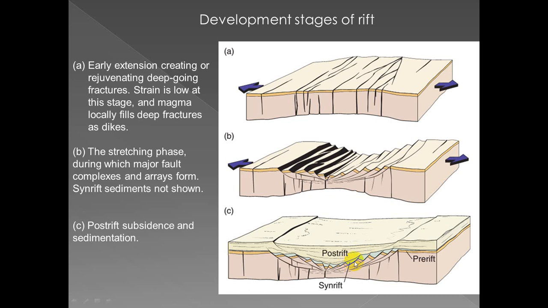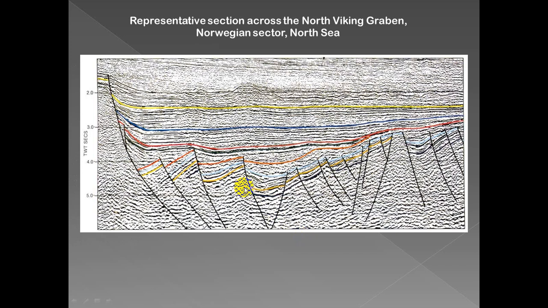This wedge shape has maximum thickness beside faults and decreases away from the fault like this. Here this section is the pre-rift section, but this section is the syn-rift section, because each fault has its own syn-extension segment. Look at this, it looks like a wedge shape. Maximum here, decreasing away from the fault like this.